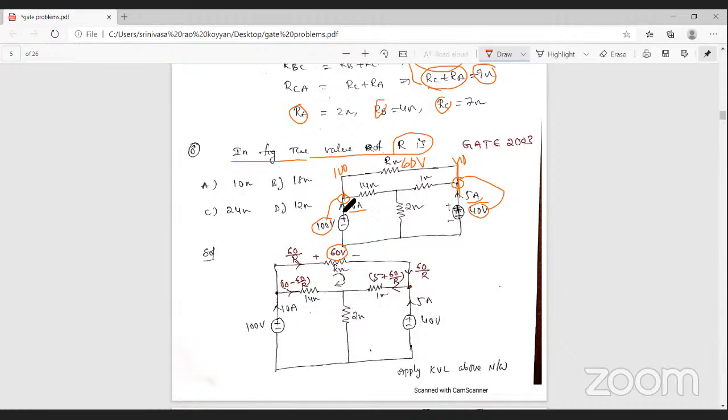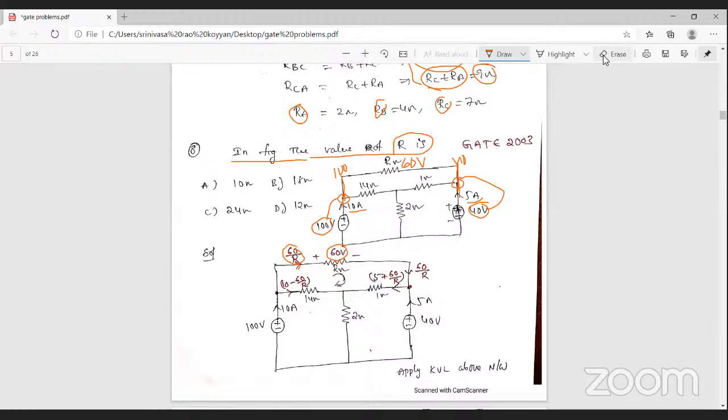So the potential difference is 60 volts. So then what is the current passing through the R ohm resistance? That is voltage by resistance, that is 60 by R. That is 60 by R current is passing through the R ohm resistance. Okay.